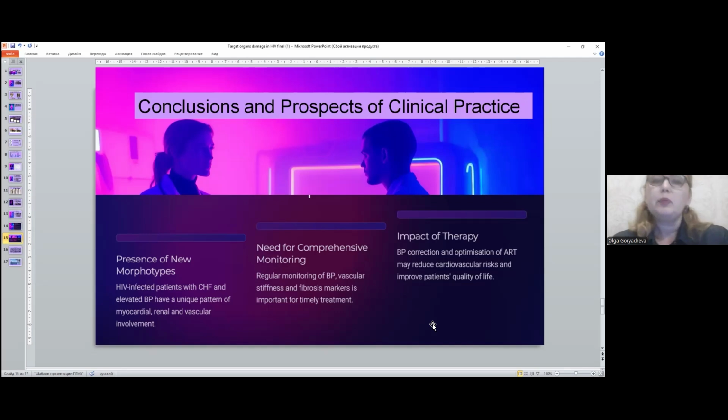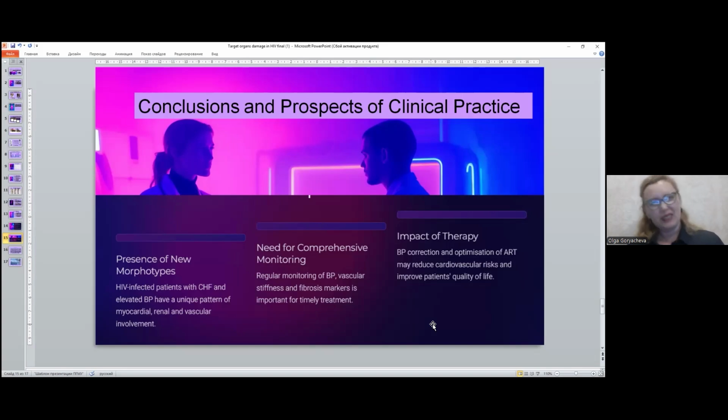All these patients need comprehensive, regular monitoring of blood pressure, vascular stiffness, and fibrosis markers. It is important for timely treatment. Impact of therapy needs control too. BP correction and optimization of antiretroviral therapy may reduce cardiovascular risks and improve patient quality of life.